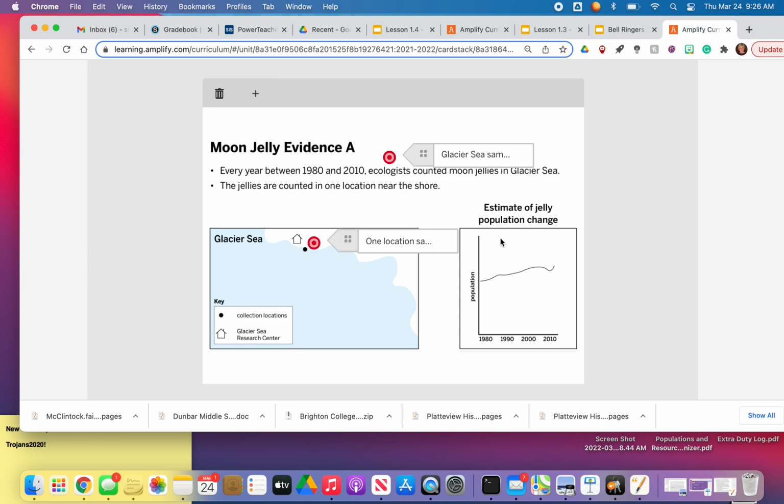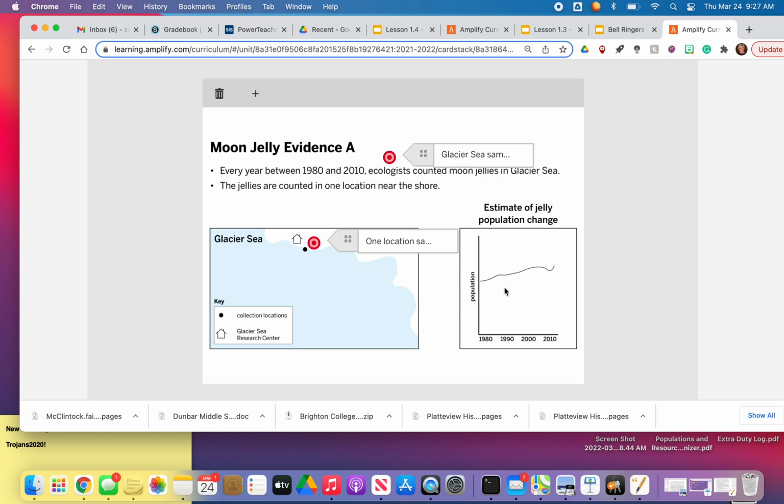Lastly, take a look at the population over time graph right here. This is the estimate of jelly population change. Based on just this one location, it looks like the jelly population remained fairly stable and maybe even increased a little over 30 years.